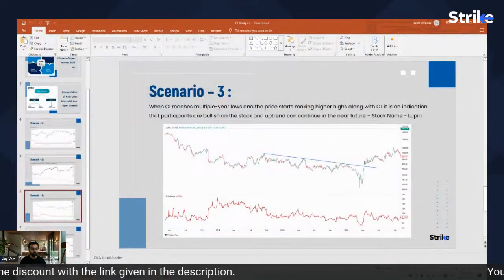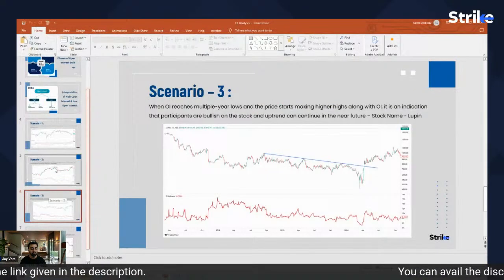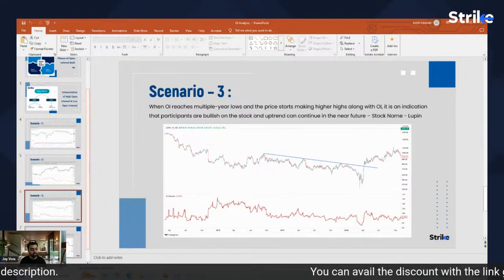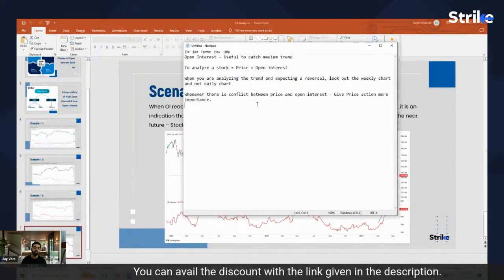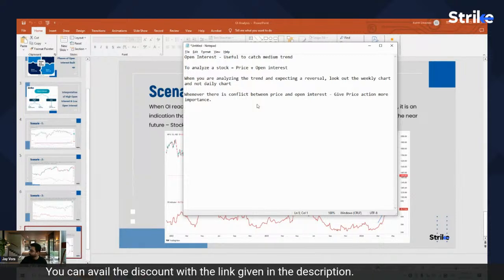So broadly, what I explained in Paint, this is the real-time example over here. Okay, now the third part is that you have understood all this concept.